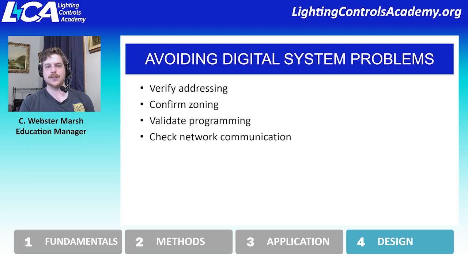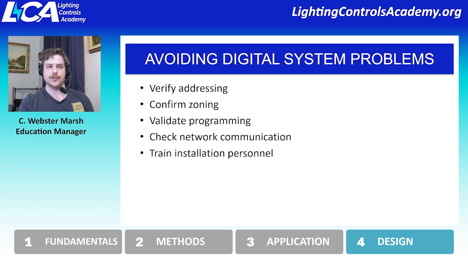So are they using the right cable? Are the cables terminated correctly? Do you have a secure connection between all the devices? There are some parameters that still need to be thought through with digital systems, but it's less about the hardware than it is about the software when it comes to digital.